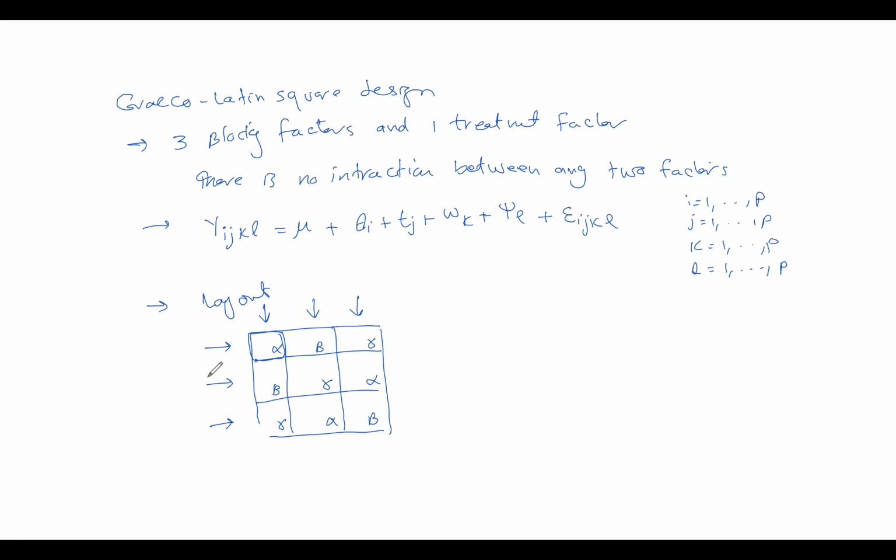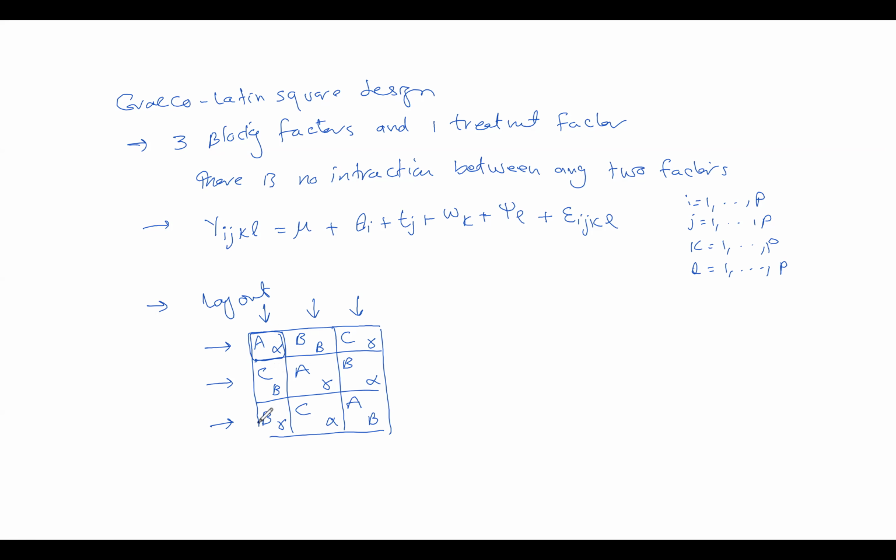The first level of the first blocking factor, first level of the second blocking factor, and alpha is the first level of the third blocking factor. For these three combinations, we assign a treatment, let's say A. Do the same for all the others like B, C, say C, A, B, and then B, C, A.